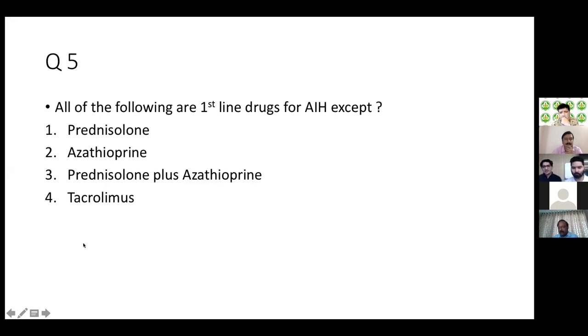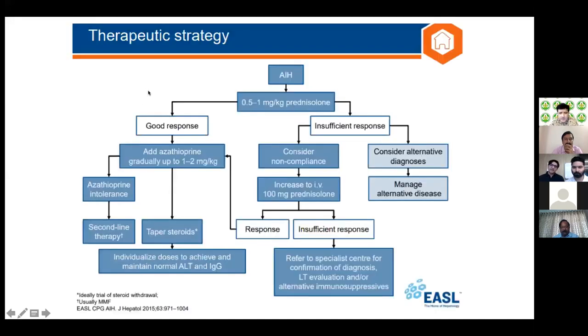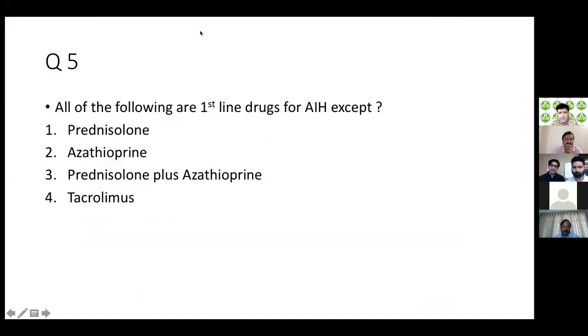Once we have started the treatment, we'll start her on prednisolone at a dose of 0.5 to 1 milligram per kg. Then after 1 to 2 weeks, we can add azathioprine. This helps us evaluate whether the patient is responsive or not.